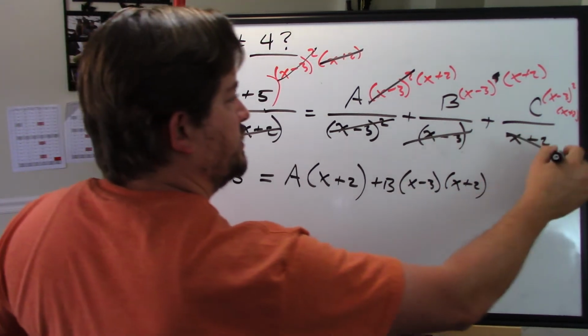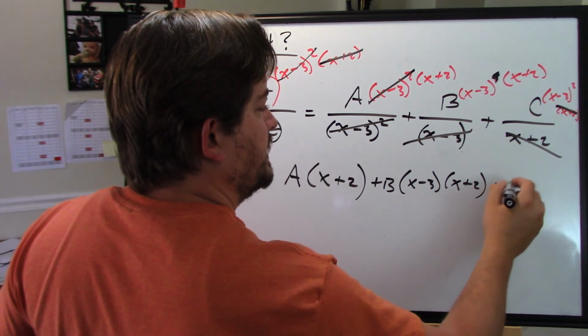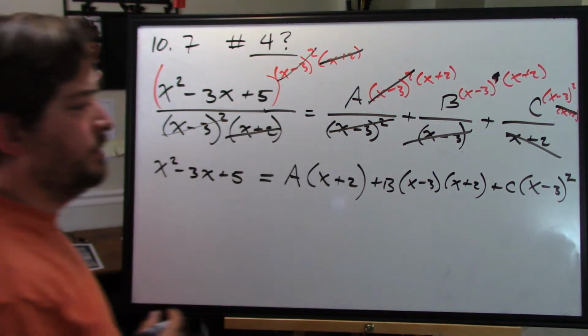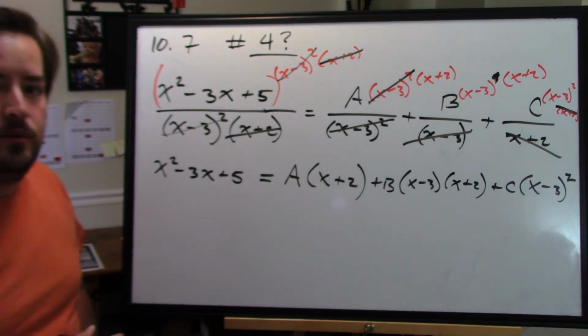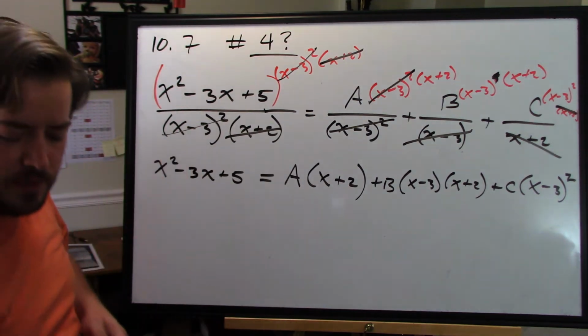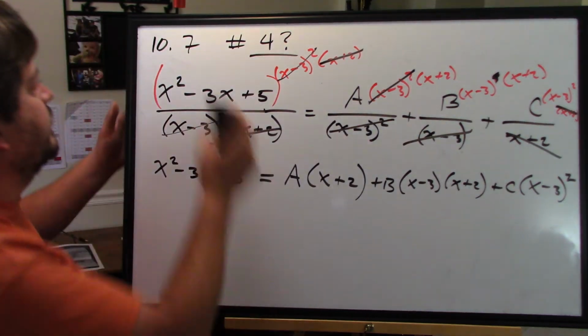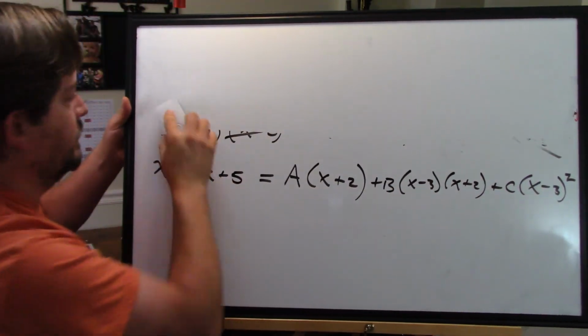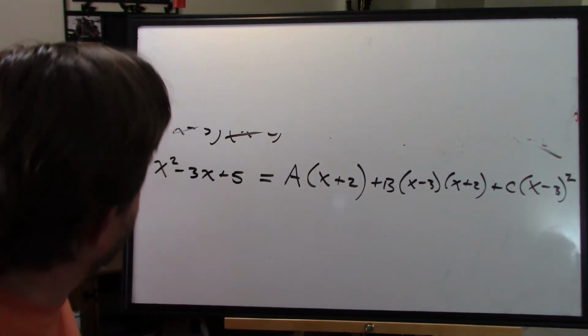And then the x plus 2 cancels out here, and that leaves me with c multiplied by x minus 3 squared. Okay. I'm going to need the room here, so I'm going to erase most of this and take this line and just shove it up to the top. Write it in blue.